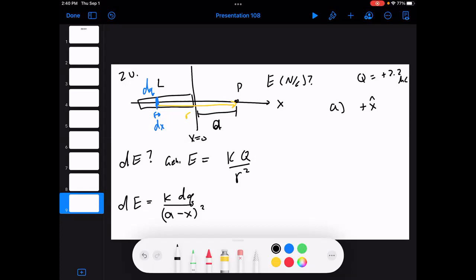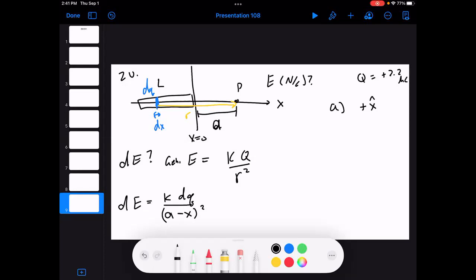Now, clearly, we are about to integrate this. So we need to think: if we go to different chunks on this bar, choose different dq's, is our x going to change, or is it going to be a constant? It's going to change.